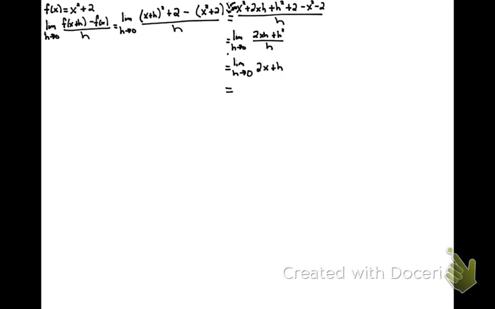When h is 0, we're left with 2x, which means that if f of x is the function x squared plus 2, then its derivative is 2x by the limit definition of the derivative, right? We've shown what the derivative is equal to. So that's our first application.